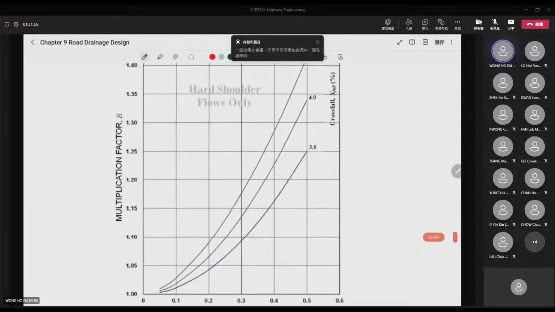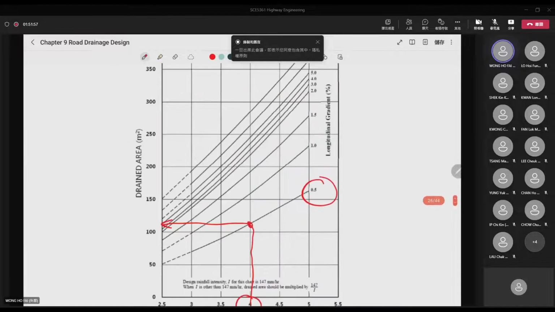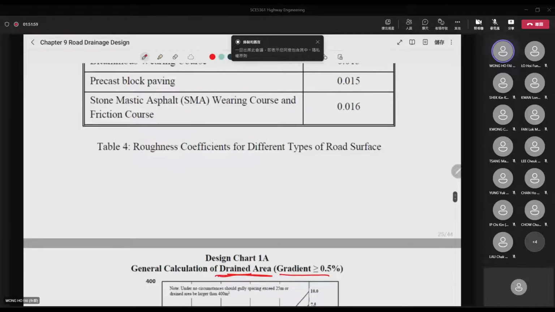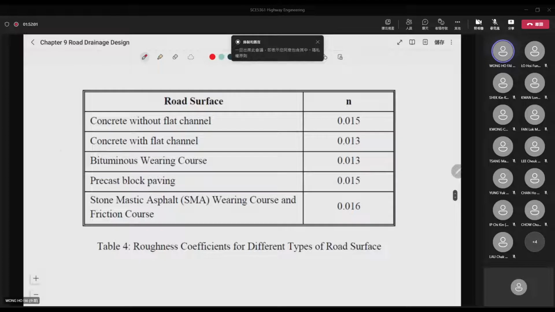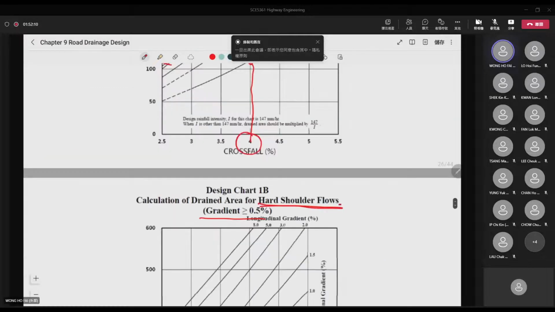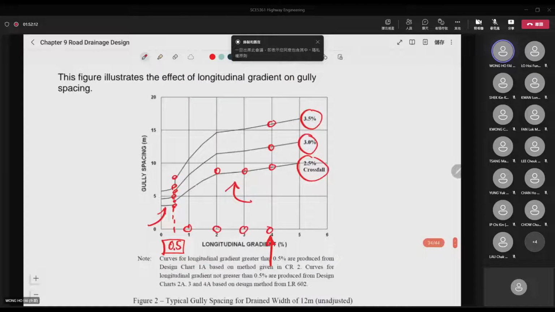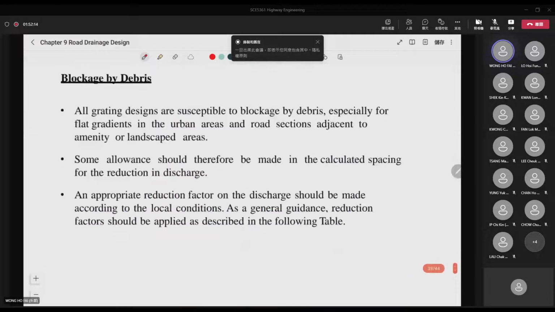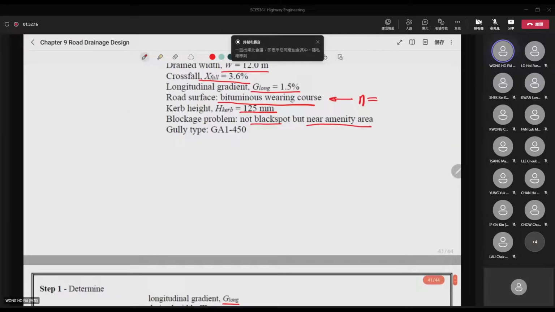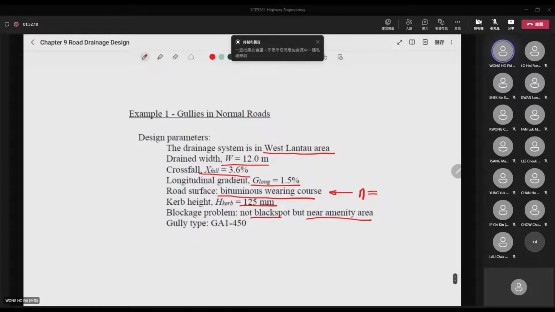So we can go back and take a look at the values of n. Now it actually means that it is bituminous very coarse. So n we will take 0.013, okay? So you can go back here and then we can take n is equal to 0.013.